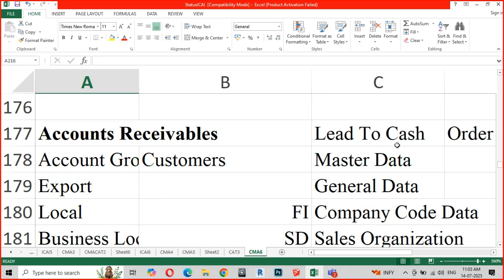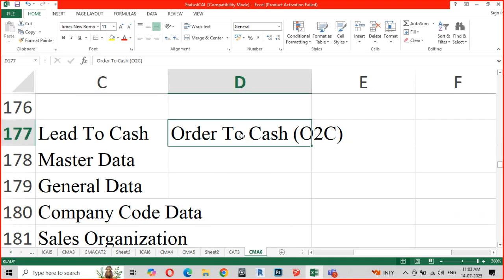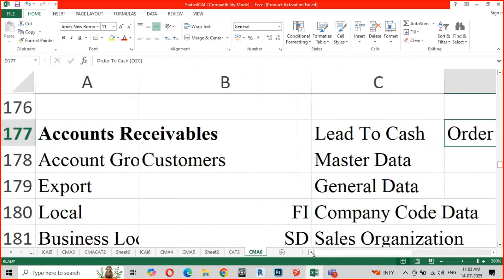So we discussed what is a cycle called lead to cash, or in your ECC terms, order to cash. And earlier, when we spoke about accounts payables, in ECC it was called P2P, procure to pay or purchase to pay, and in the HANA environment, it is called source to pay.